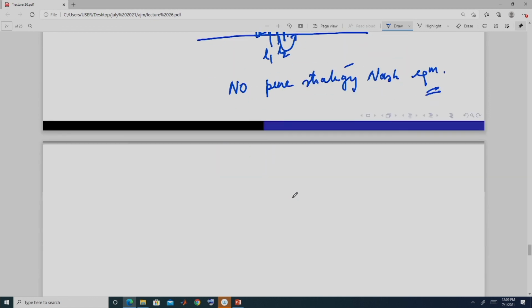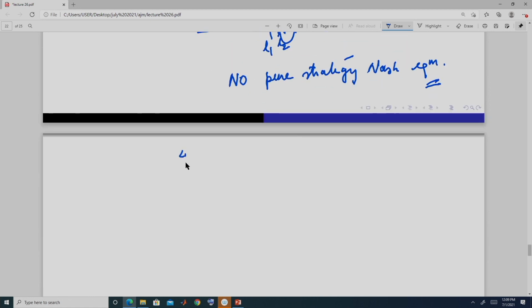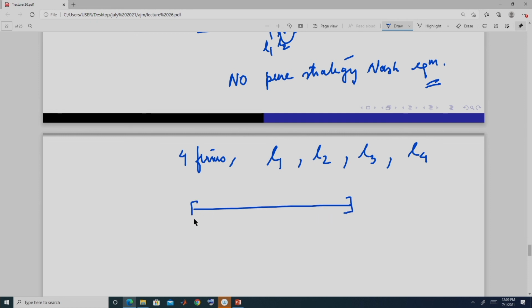Now, suppose we have 4 farms, keeping everything the same, and suppose the location of farm 1 is L1, of farm 2 is L2, of farm 3 is L3, and of farm 4 is L4. Suppose this is L1, this is L2, this is L3, this is L4.